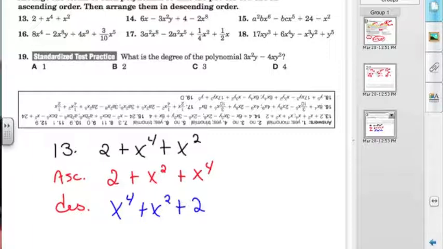We will do one more example of that. We will do number 15. So, number 15. We're looking for the least because we're starting at ascending, so we're starting at the least amount of x. And it would be this one right here. We're ascending, so the least amount is 24.